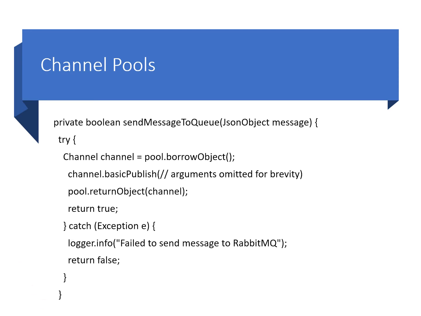First, it retrieves a channel from the channel pool. It sends a message to the broker, and then it returns the channel to the pool for subsequent use by another thread. While there's no native RabbitMQ capability to do this, in Java you can utilize the Apache Commons pool library to implement a channel pool.